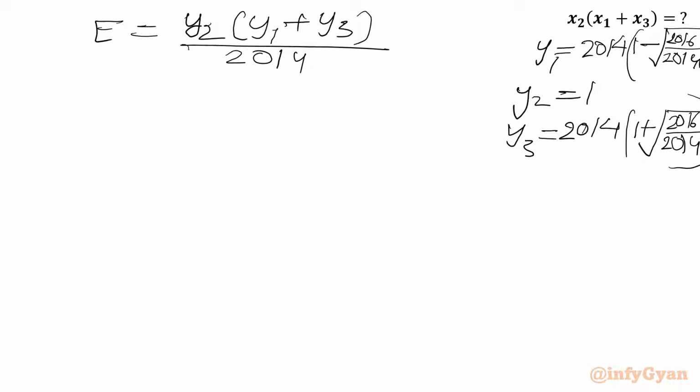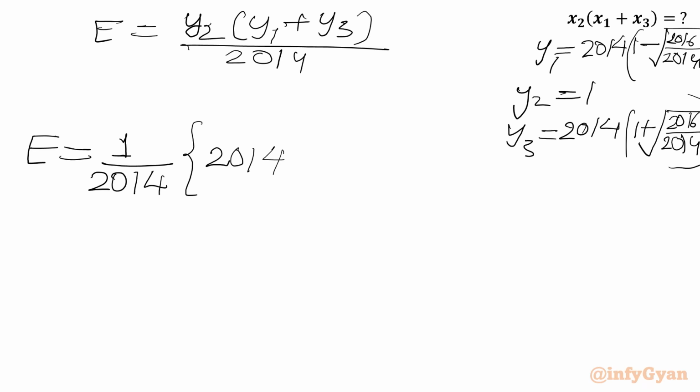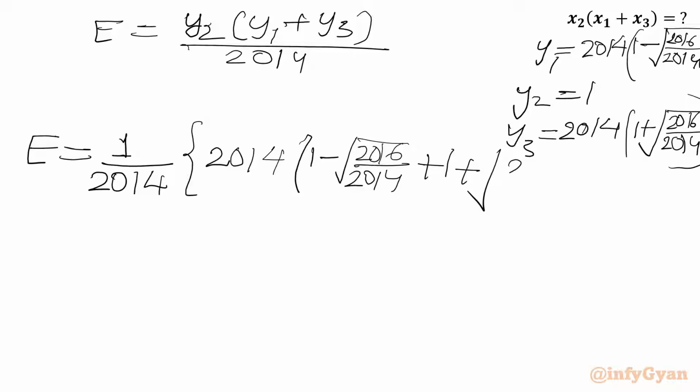Let's plug in all the values. We will write here E equal to y2, which is 1, so I will write 1 over 2014. Now y1 plus y3: if we take 2014 common out, we will get 1 minus square root 2016 over 2014 plus 1 plus square root 2016 over 2014.